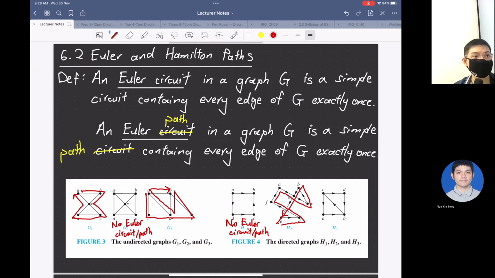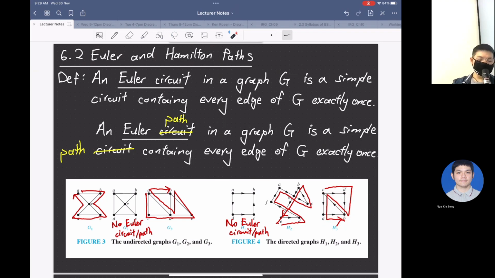Okay. Euler circuit. H3, Euler path. So try. I think there's only one way to walk around this because the direction restricts you a lot. Okay. Euler path. Agree? Only one side for each edge.